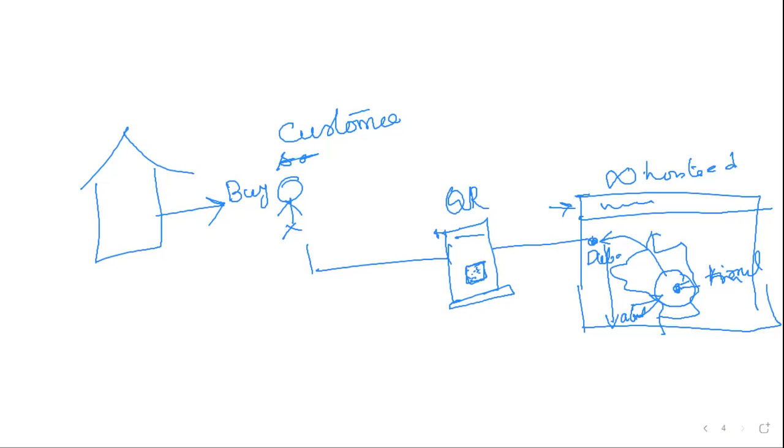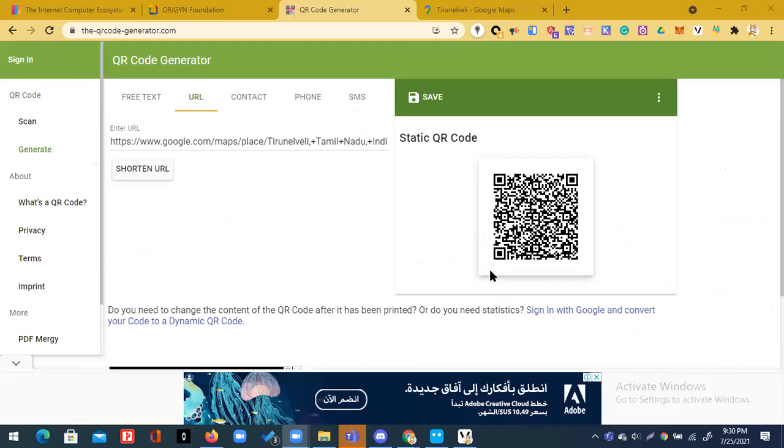You get this. You scan this. Can you scan this now? I don't see another one. Okay, now it's coming. So open the camera and try to scan it.